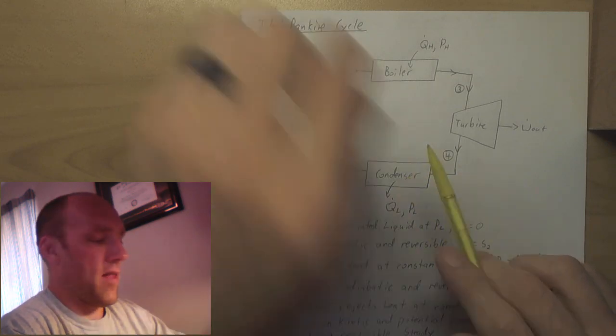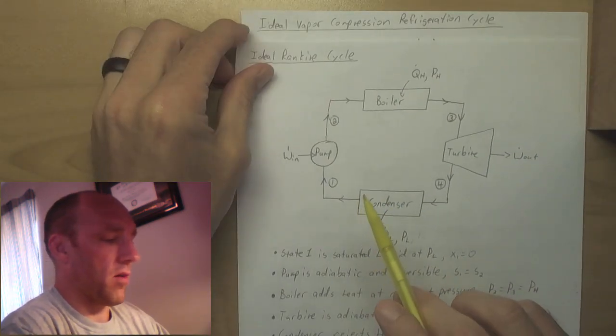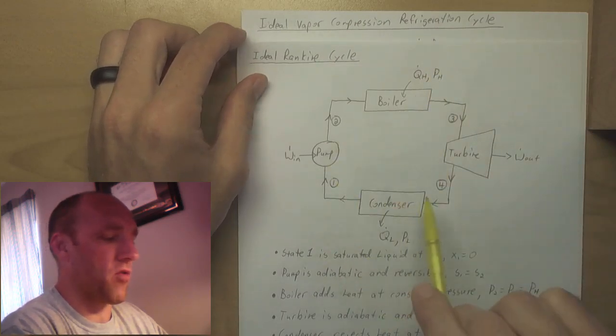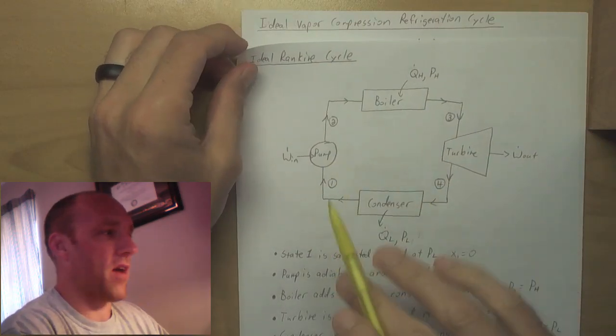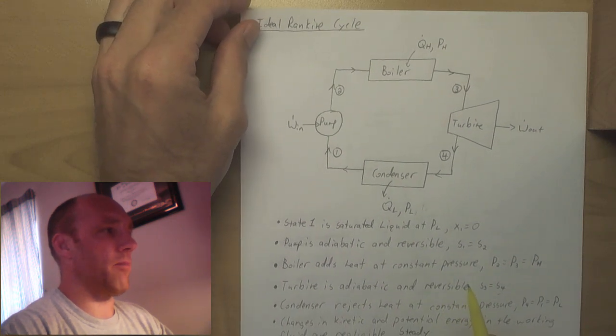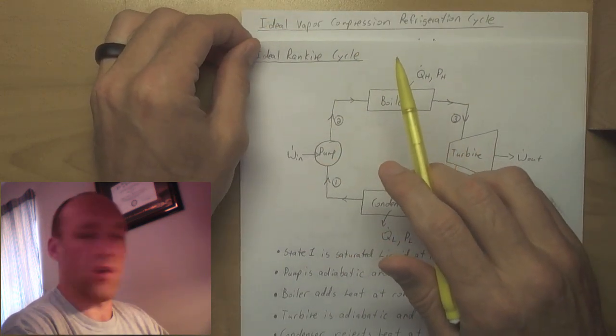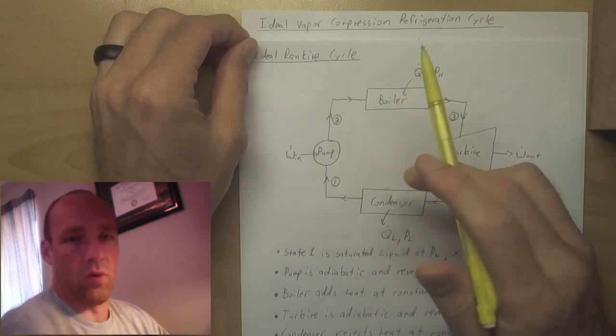Okay, and the other thing we're going to cover is the vapor compression refrigeration cycle, which is essentially a reversed Rankine cycle, but modified slightly. And this serves as the basis upon which your air conditioner operates.